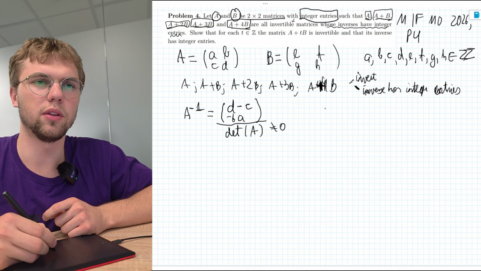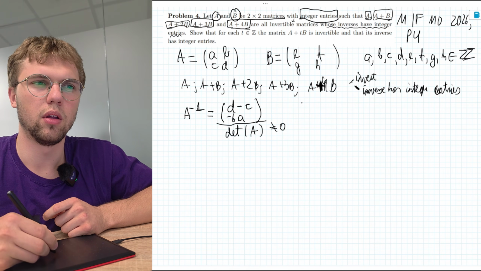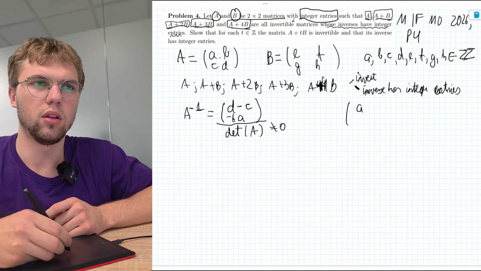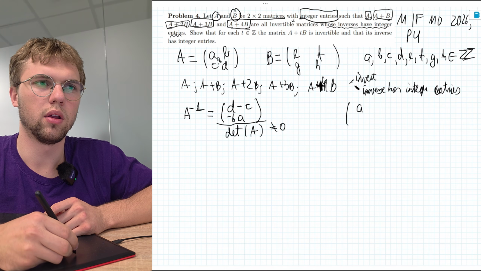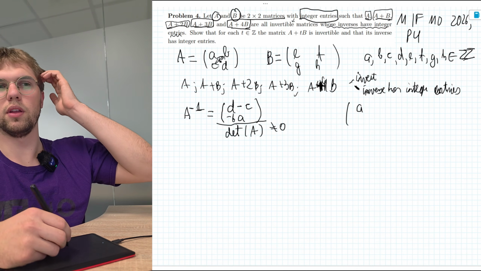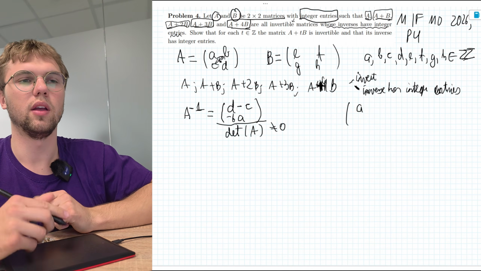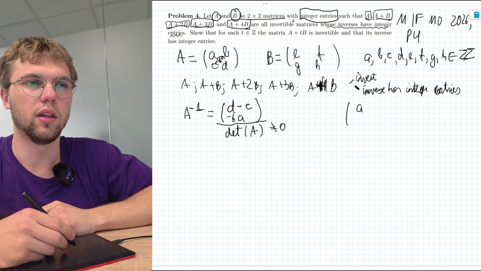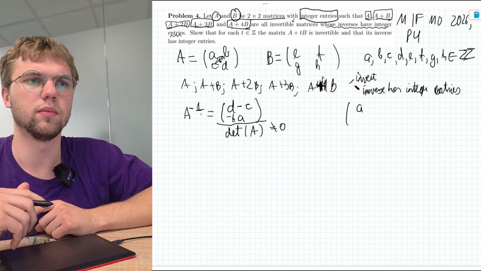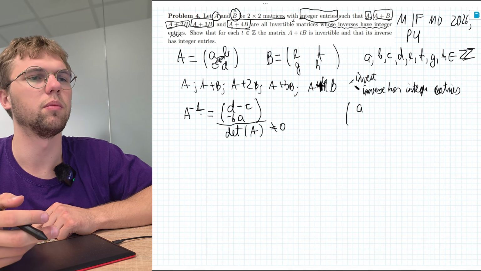And this formula is pretty standard. You swap these around, and you swap these around and add a minus. If you multiplied everything out, it would cancel out nicely, and you'd get that this is equal to the identity, I think. Right? Yeah, right.